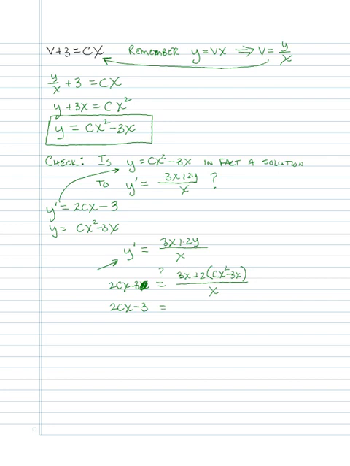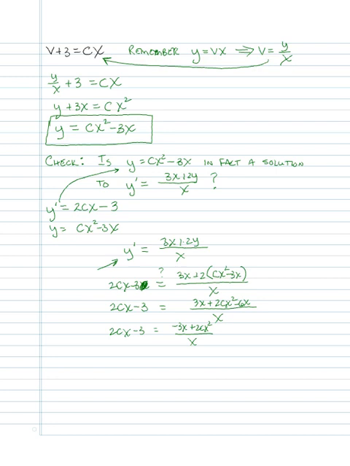On the right side, as we look at this fraction, notice we have 3x plus 2cx squared minus 6x all over x when we distribute that 2. Well, of course, that becomes 3x minus 6x is negative 3x plus 2cx squared all divided by x.